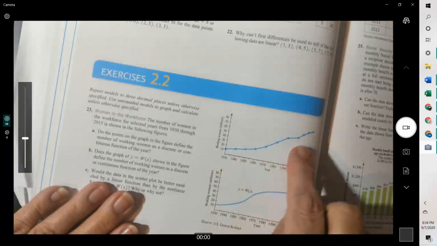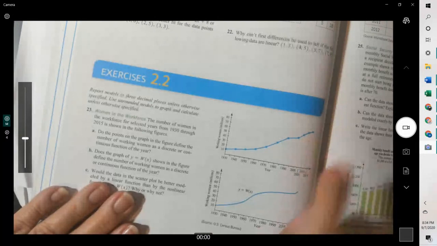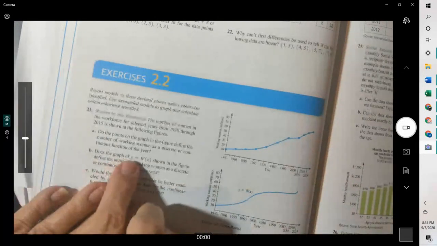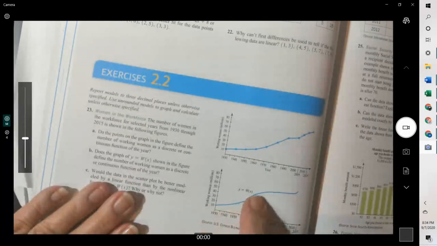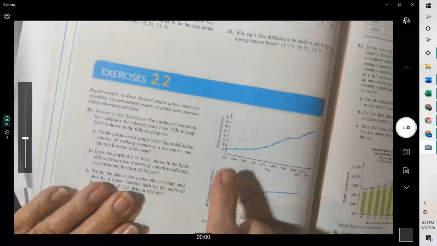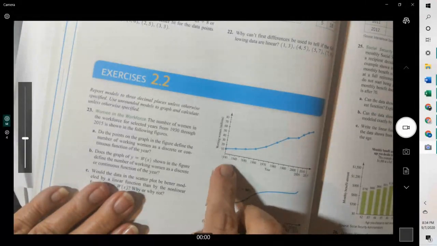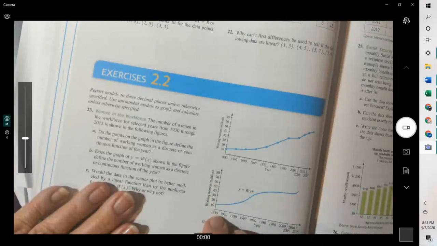So this would be discrete. This one's talking about a graph of the equation. And since it's a graph, notice it's a smooth line. This is continuous. It's not just talking about 1930, there was 10, 1940, there was 20. It is giving you everything in between, all the time in between. So this is continuous.